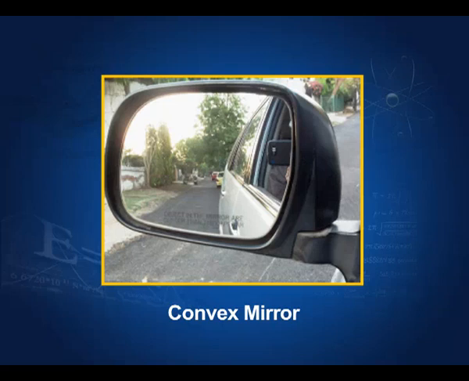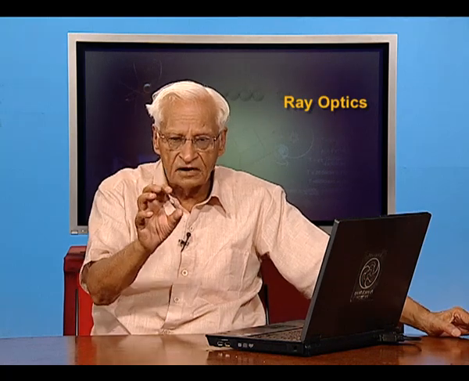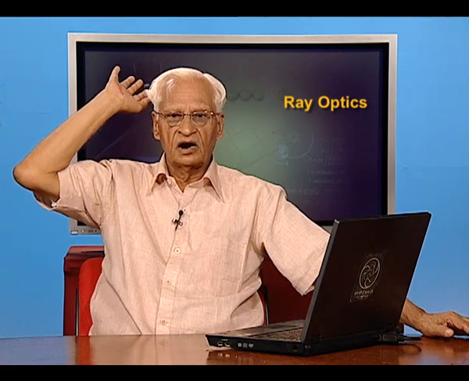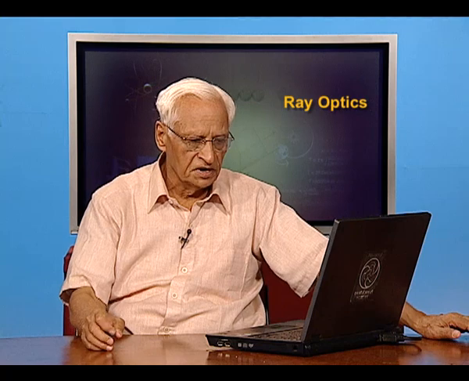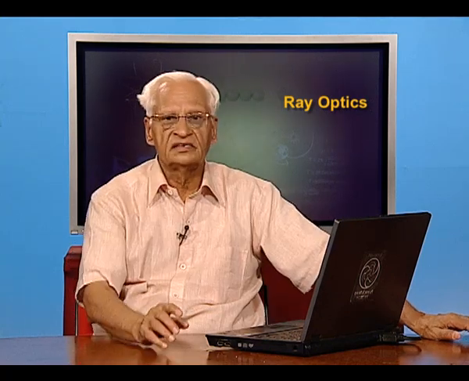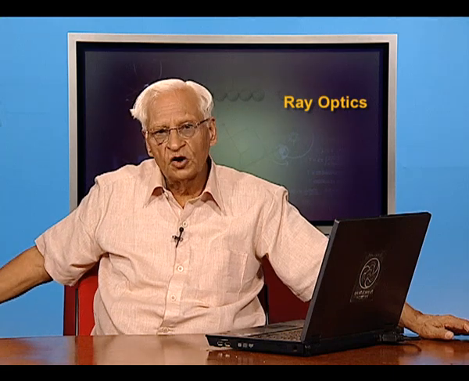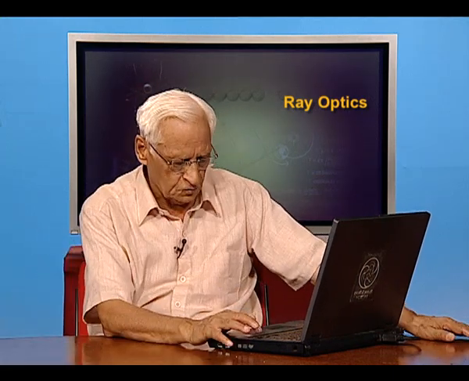Because a convex mirror always forms a smaller image. Therefore, the image is always smaller, and the smaller image gives our brain a hint that the object is very far, but actually it is not so in the case of a convex mirror. That is why this warning is there, that although you see the object or perceive the object as far, it is not, it is near, and you be careful.